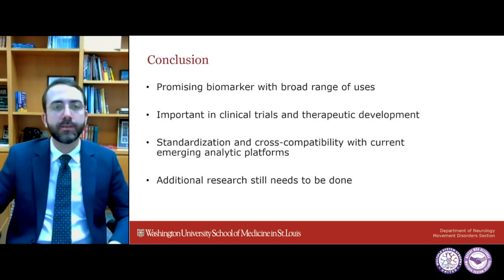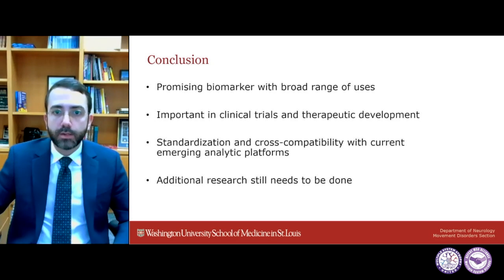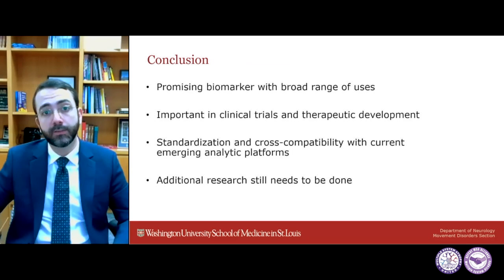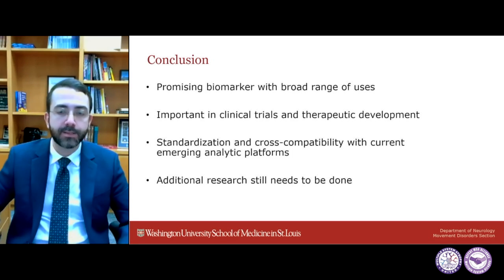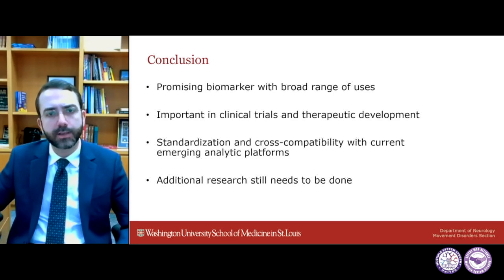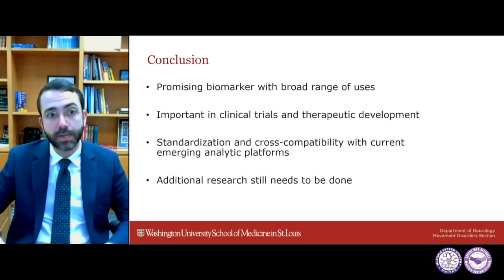So as a conclusion, neurofilament light chain is a promising biomarker in the field of MSA, which can have a broad range of uses, including in diagnosis, in predicting who is going to develop MSA, in tracking clinical progression, and also allowing us to monitor response to treatment potentially.